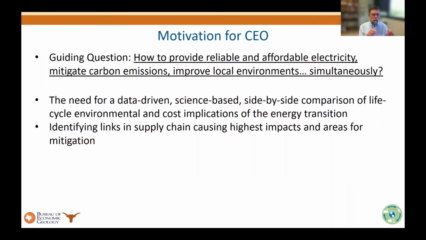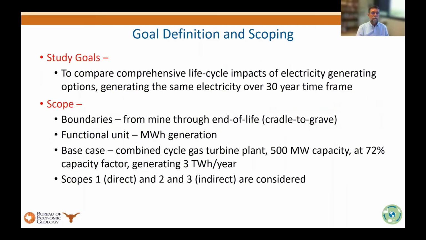Our goal here is to identify the links in the supply chain that are causing the highest impacts, and what are the things that we can do to reduce the impacts. We can all point fingers at one source of energy or another, but the reality is we're going to need all of these. So how can we reduce the impacts? How can we harmonize the energy systems into one program?